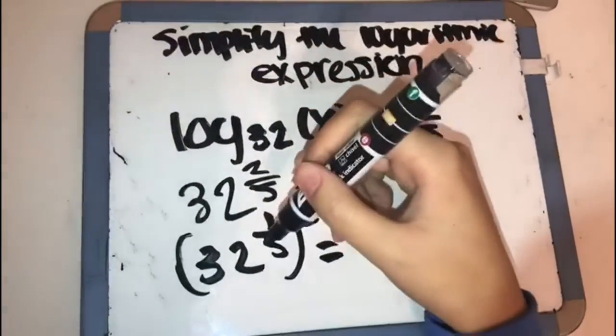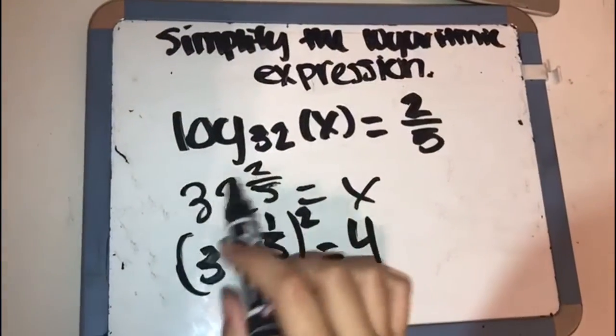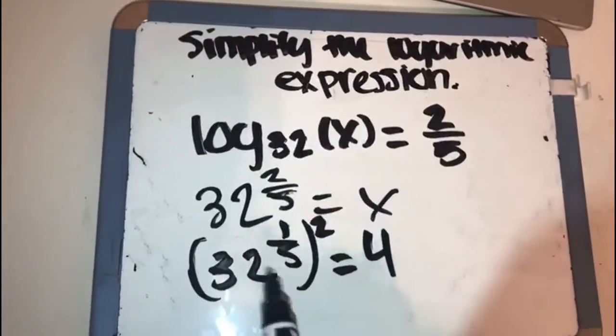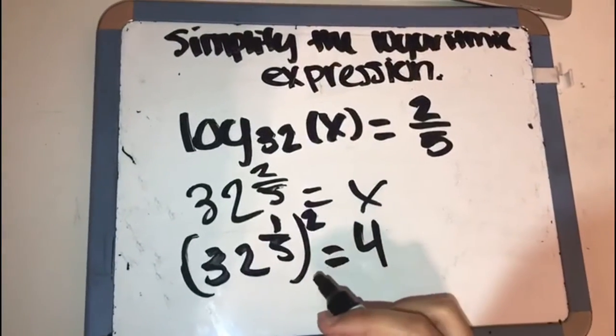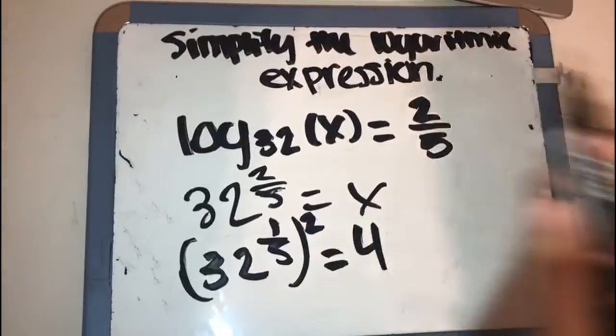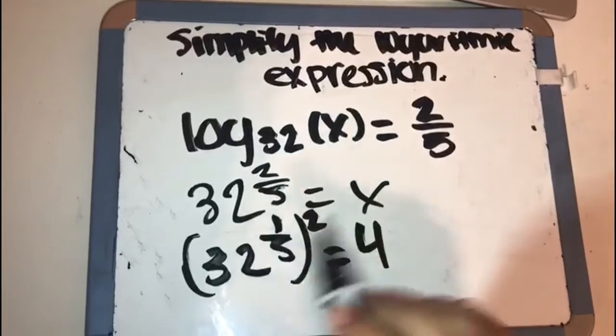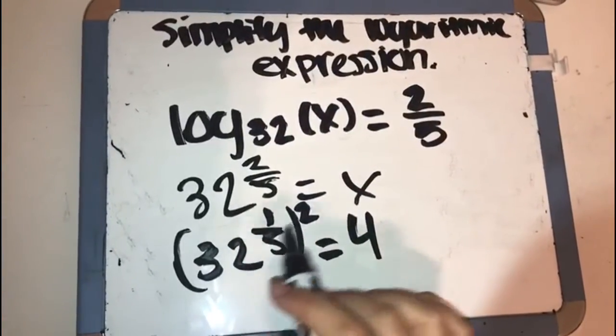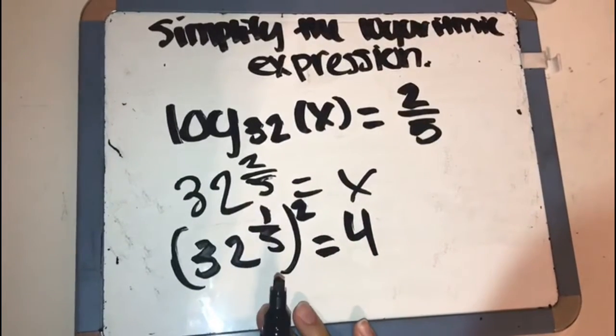If you use a calculator on 32 to the 2/5, you will see that it equals 4. But if you want to show your work and understand how to do it, you would try to simplify it more. And this is the only simplifying I could get into right now.